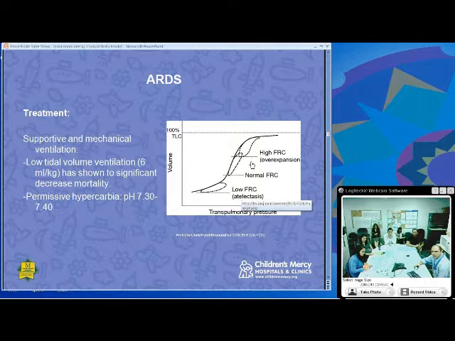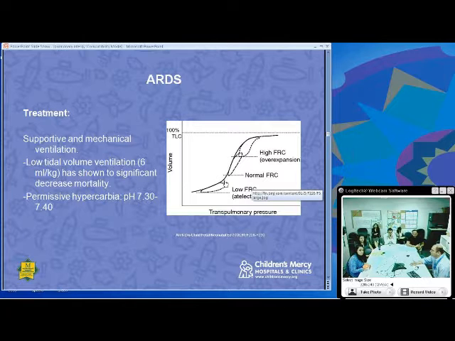So we try to ventilate the patients around this area, and to ventilate the patients in this area, we also used a PEEP, very generous PEEP, and we try not to overventilate, so we have permissive hypercarbia, so we can actually tolerate pH of 7.3 without any problem.